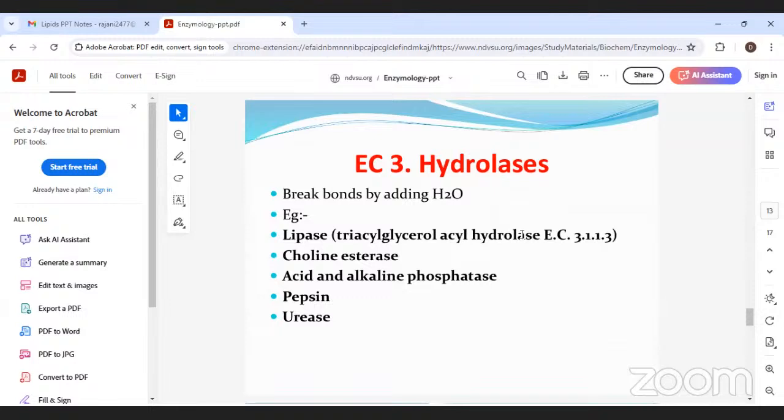The hydrolyzing enzymes or hydrolases catalyze reactions in which complex organic compounds are broken into simpler compounds with the addition of water. One second, I'll take the pen.